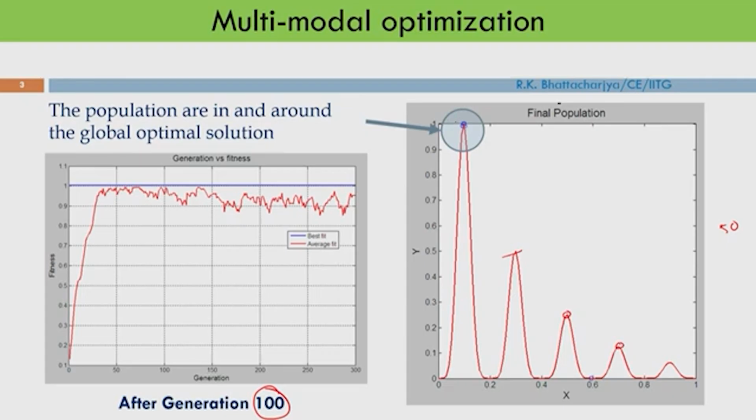If I have knowledge about the other local optimal solutions, then I can take a decision: this solution is not acceptable, but I can take that one. So, if I can find all the local optimal solutions along with the global optimal solution, it will be easier for me to take a decision. Therefore, let us see if we can modify the genetic algorithm and obtain the other local optimal solutions.